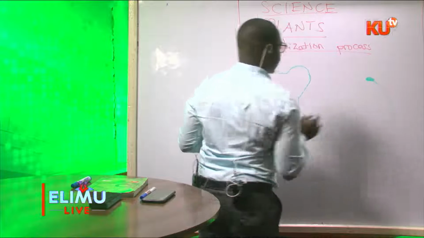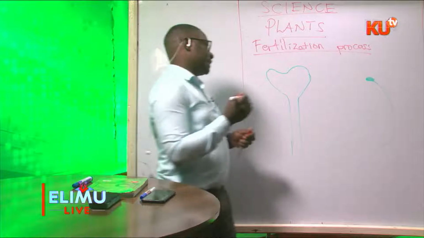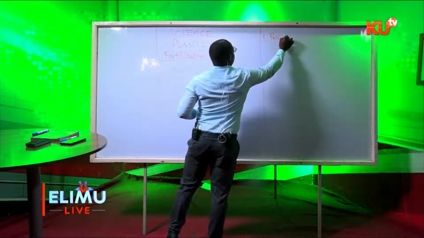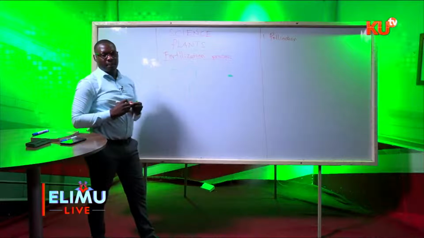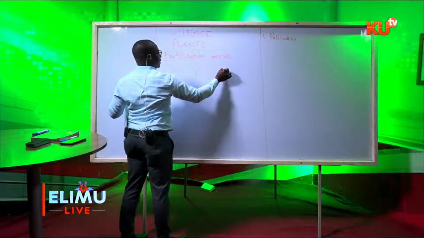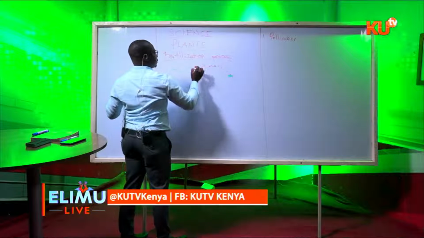For fertilization to take place, the first process, number 1, I will write here, pollination has to take place. That is the first process. So it means pollination has to take place. The pollen grains must move from the anthers to the stigma.